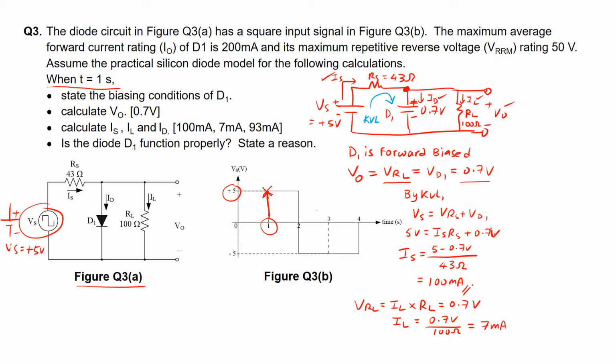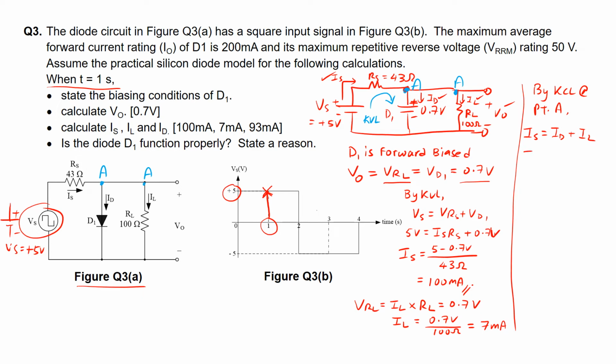Next, to find the current through the diode ID, we actually have to name this point here as point A. This is point A here, this is also point A. By KCL at point A, you'll be able to derive the equation of IS being equal to ID plus IL.